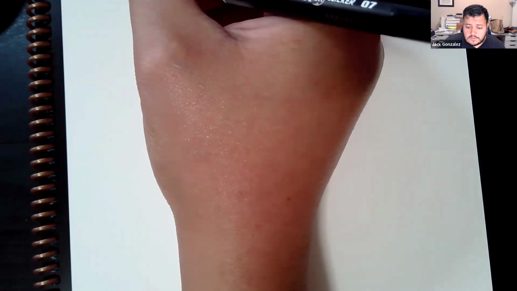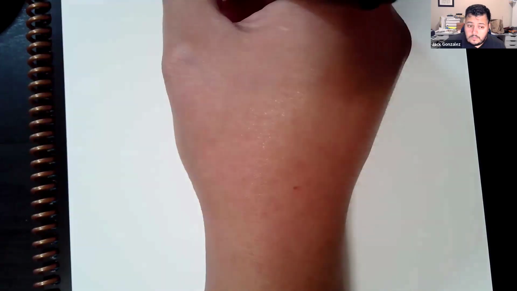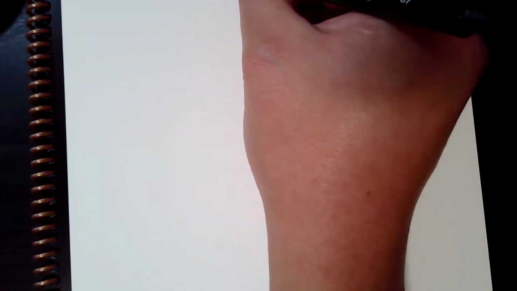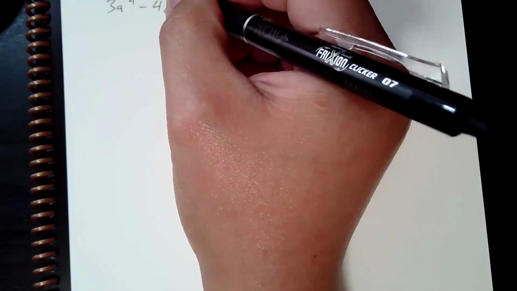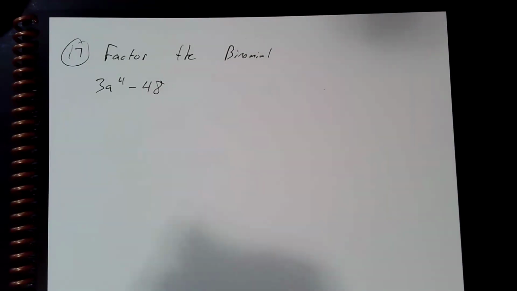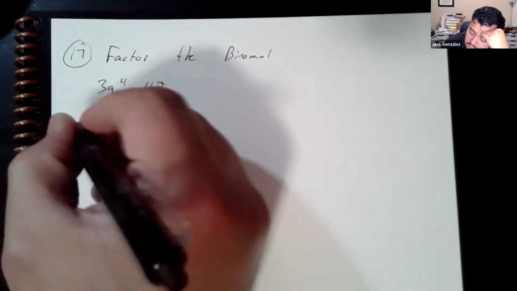Sometimes you can have a difference of squares appear again after you're done. So first step, right? Always pull out the GCF.